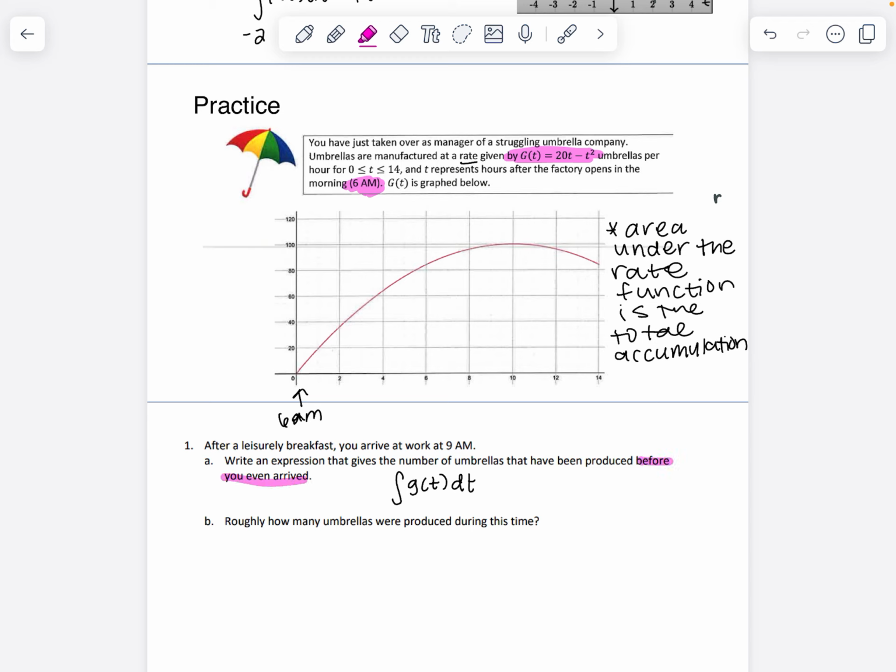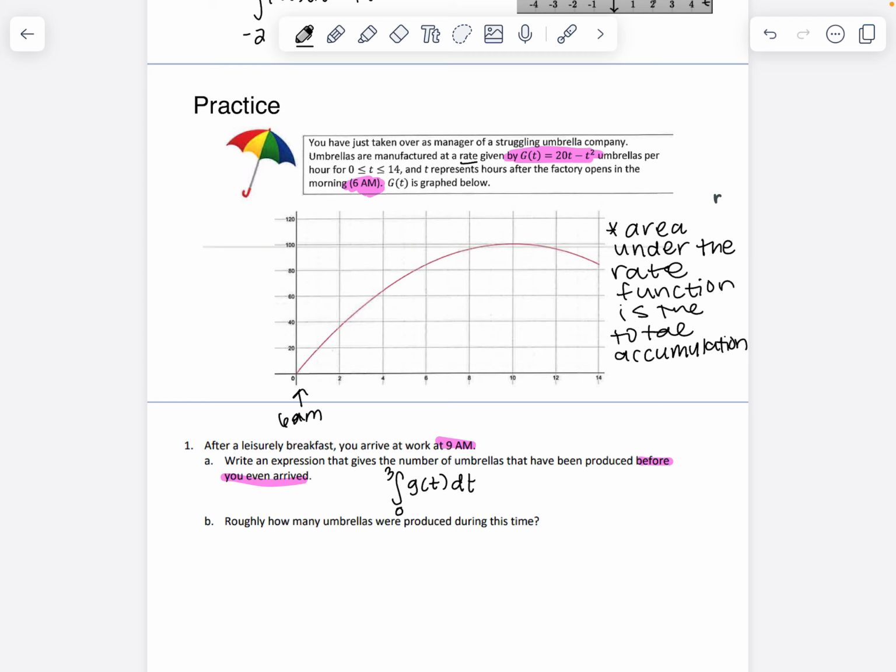This company starts at 6 a.m., and so that's our 0. Because t represents hours after the factory opens, and you get there 3 hours later, so this is a 3. And so that's what our first integral will look like. That is the area under the rate curve from 0 to 3.